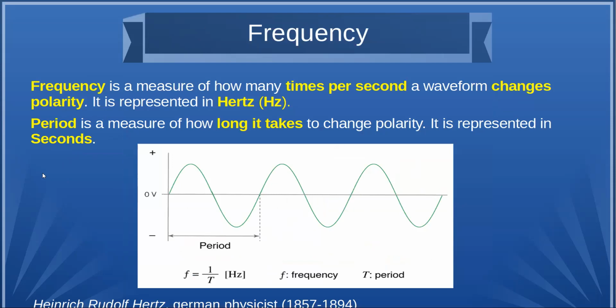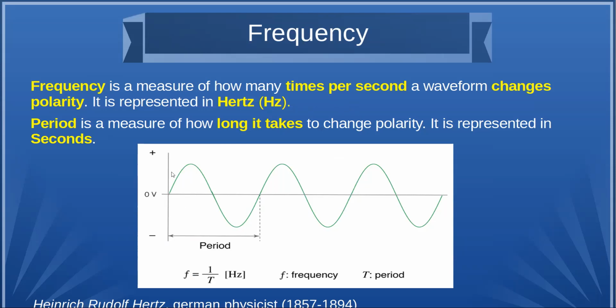Okay, so let's talk about frequency. It's a measure of how many times per second the waveform changes polarity. And we represent it in hertz, abbreviated Hz, named after Heinrich Hertz. It also has a period, which is the reciprocal of the frequency. It's how long in time it takes for the waveform to go through one complete cycle.